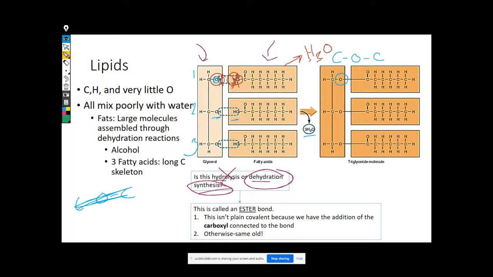You can blame the chemist for this one. They're called ester bonds because on this side, we do have some interesting business. On the one side, we didn't just use a plain boring hydroxyl group. Technically, we used a carboxyl group. At its fundamental core, we were only using the hydroxyl part, so it's the same, but the resulting bond is this. That's what makes it an ester bond instead of a covalent bond.